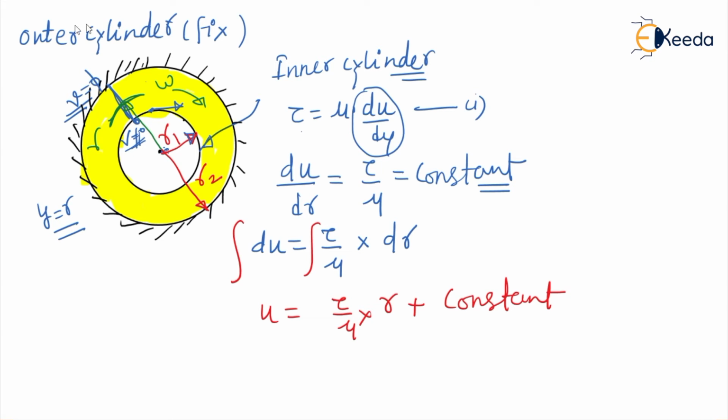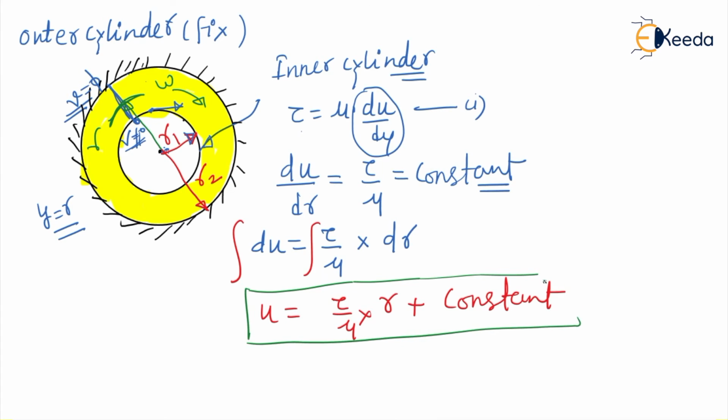So by looking at this expression, u is equal to tau by mu into r plus some constant. So this is r, which is variable, and this is constant, and this is the value of u. So here we can say that the velocity varies linearly.